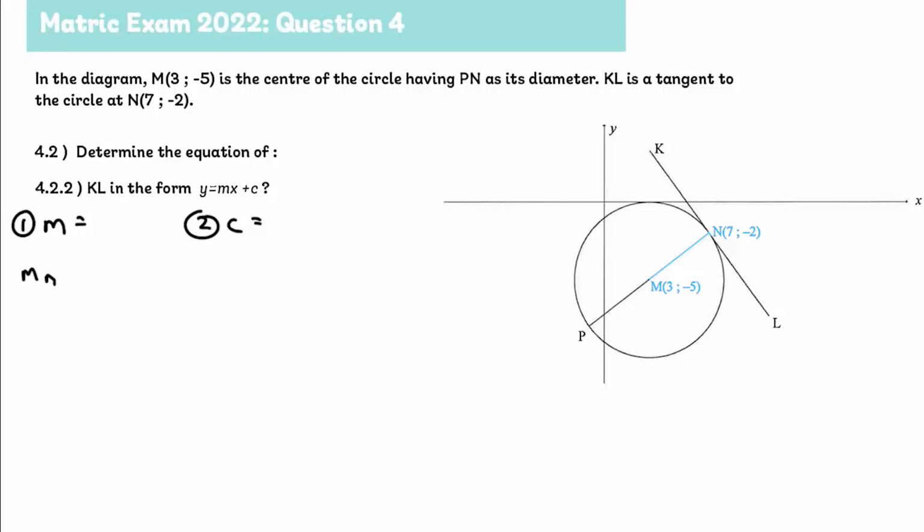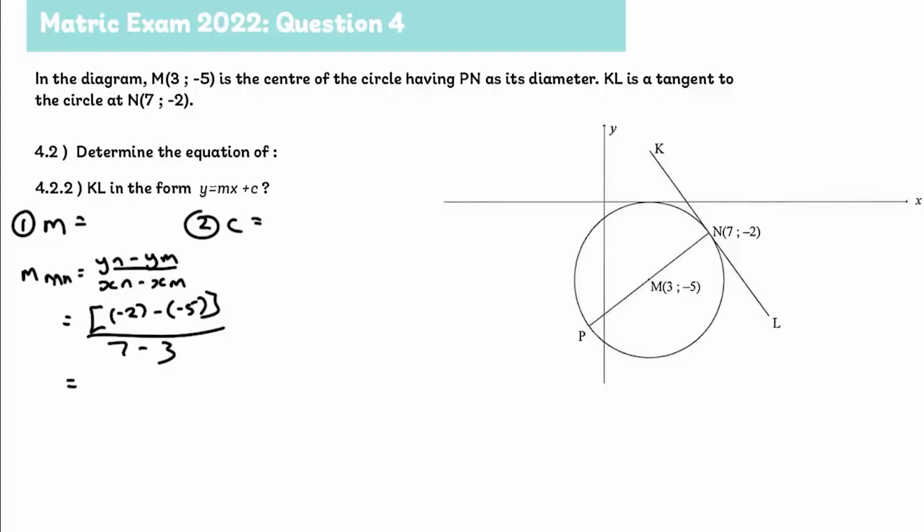We start off with figuring out what the gradient of MN is. So the gradient of MN is equal to yN minus yM, over xN minus xM. And then we have minus 2 minus 5, over 7 minus 3.